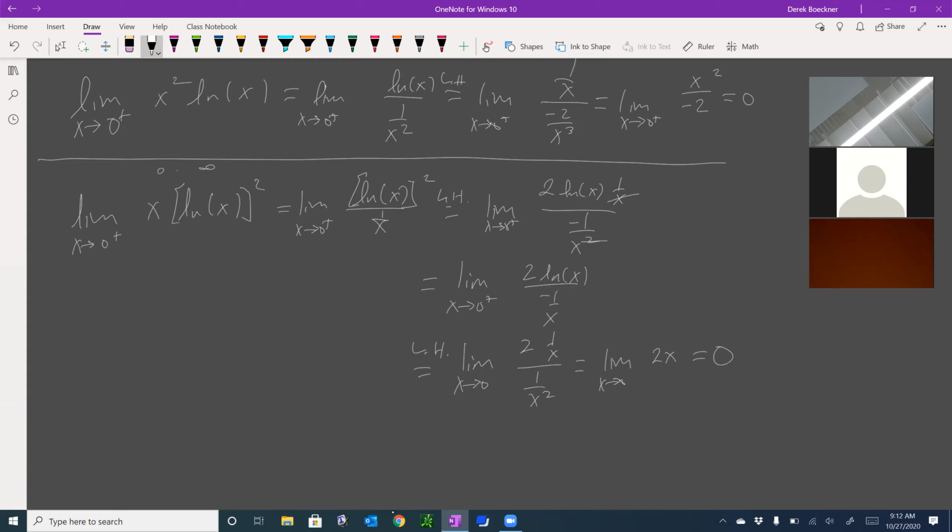A lot of these just take lots of practice. You've got to see them, try them, figure out how to do the algebraic manipulations to get them into the form that you want. It takes practice.